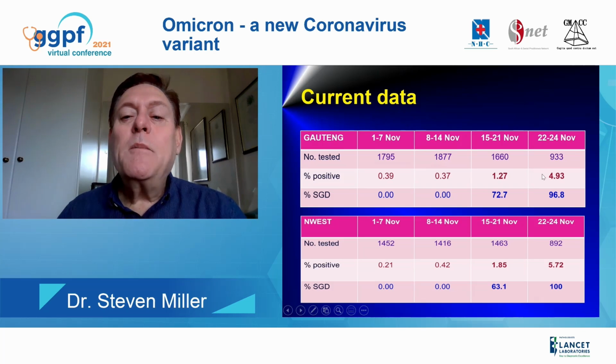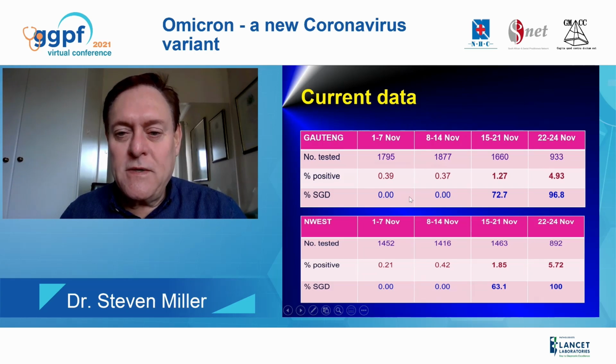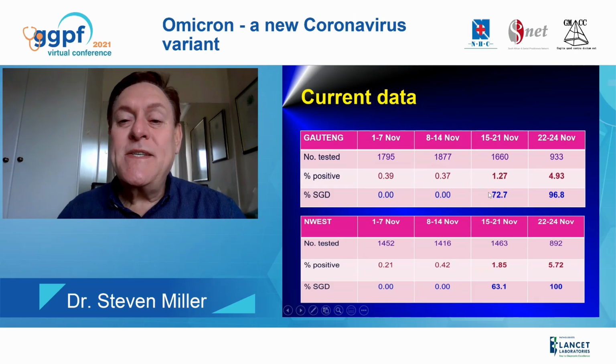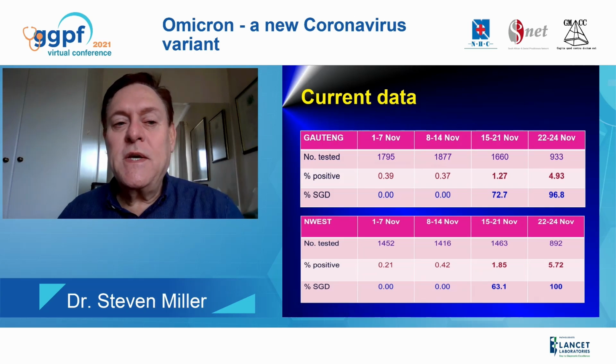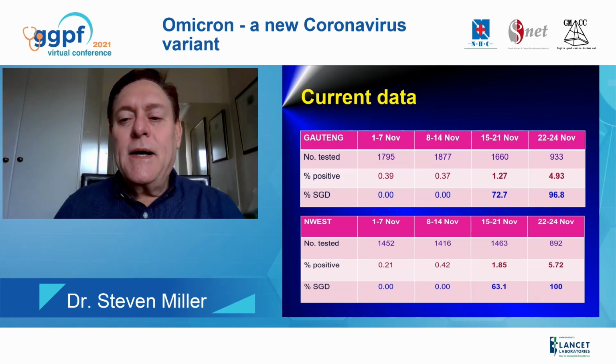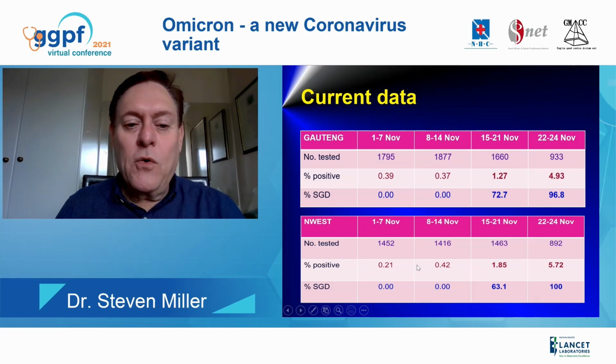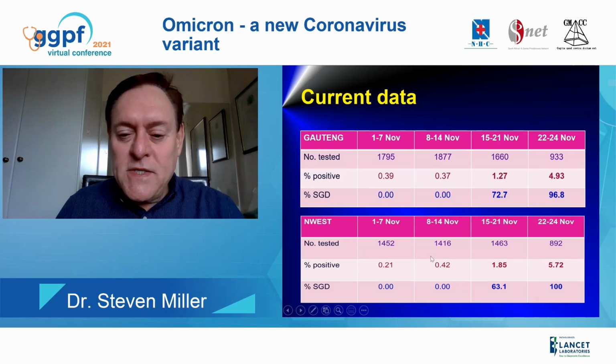But more importantly, if we look at what's happening from an absence of S gene dropout, in other words, no variant, about a week ago, 70% of all the positives in Gauteng were S gene dropout or variant virus. And as we sit today, 96% of all the virus we're seeing in Gauteng appears to be this variant. And the same has happened in the Northwest.